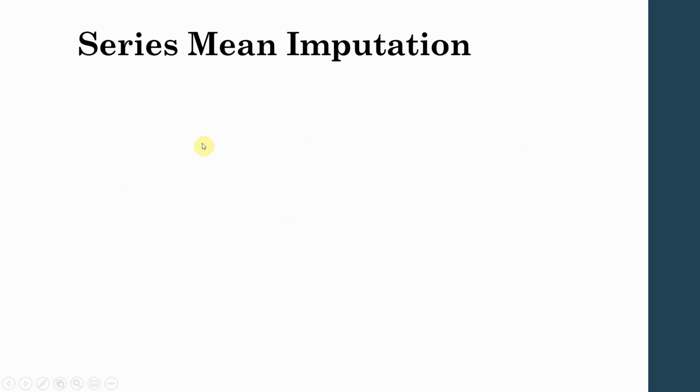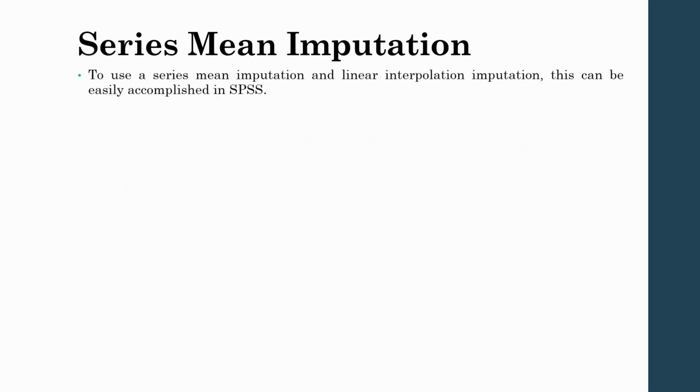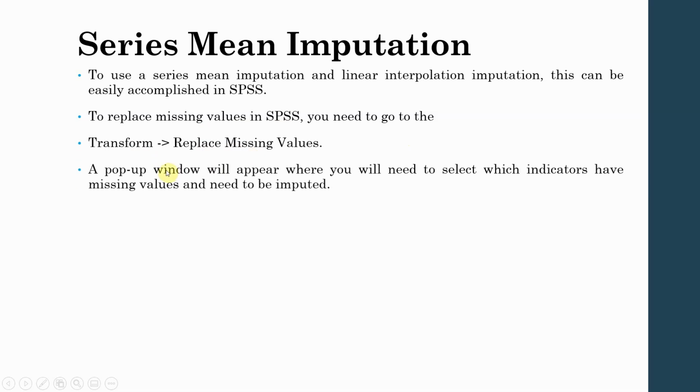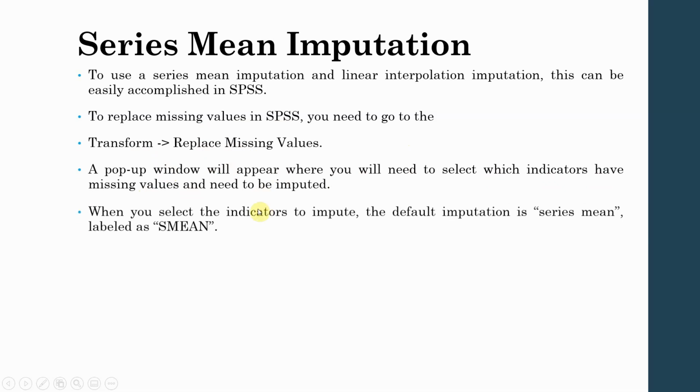So how do you do series mean imputation and linear interpolation imputation? This can be easily accomplished in SPSS. To replace missing values in SPSS, you need to go to Transform and then Replace Missing Values. A pop-up window will appear where you select which indicators have missing values and need to be imputed.